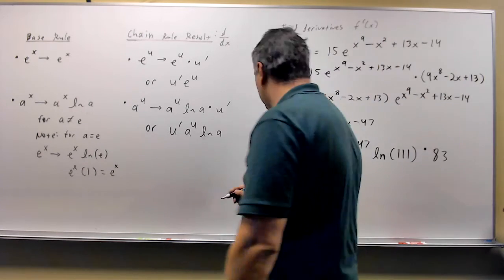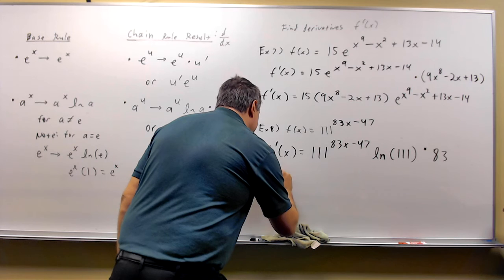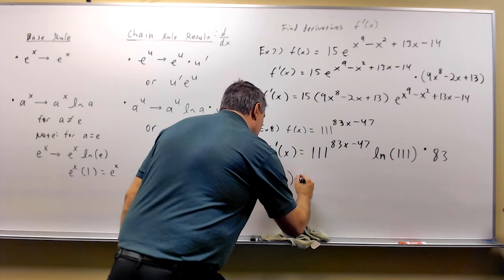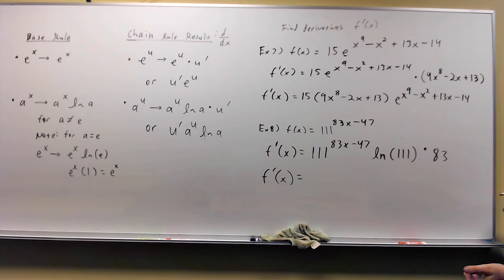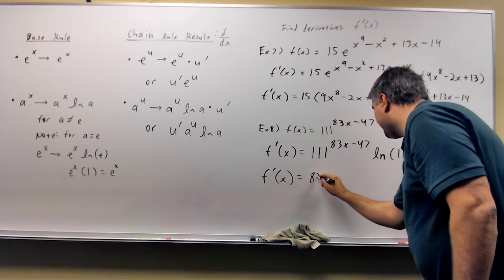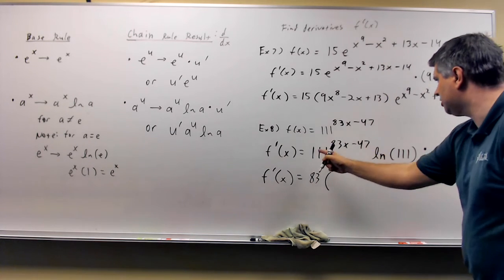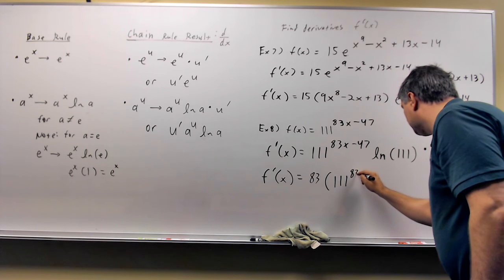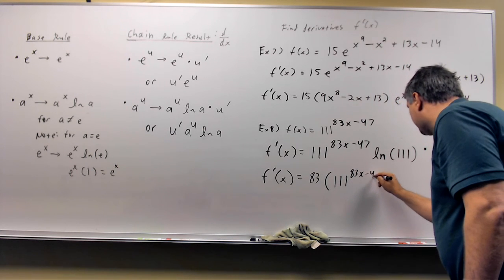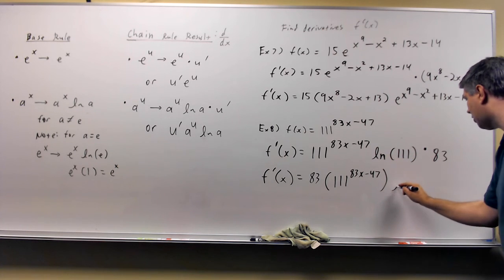Okay, so f prime of x. What some people do is they'll put the regular number first, the derivative of the exponent first, then they'll put the original exponential expression in the middle. This is the way I normally write it, to be honest. And then times the natural log of your base.